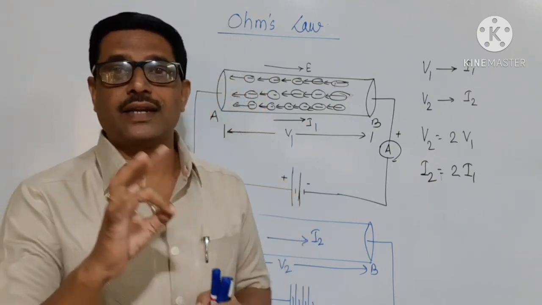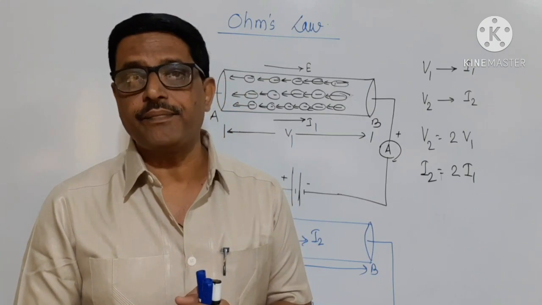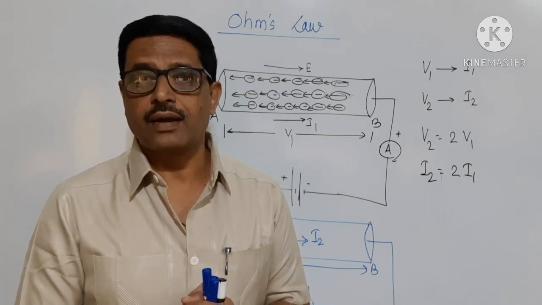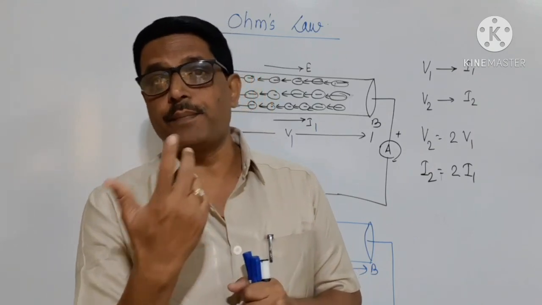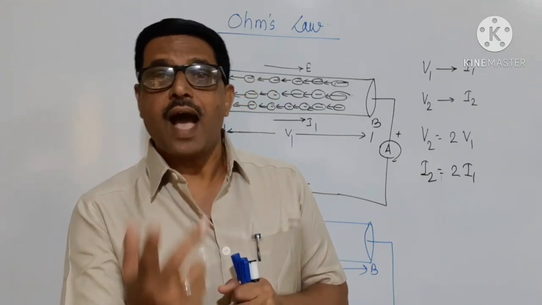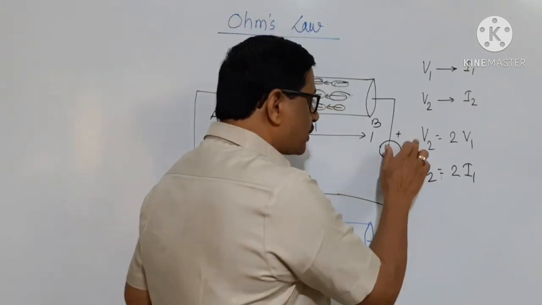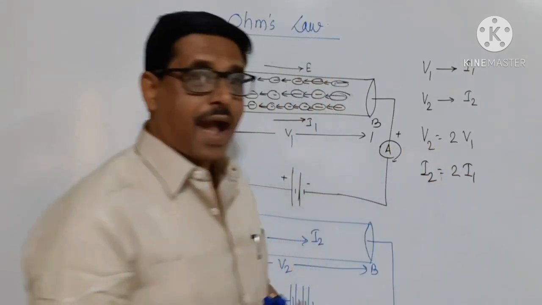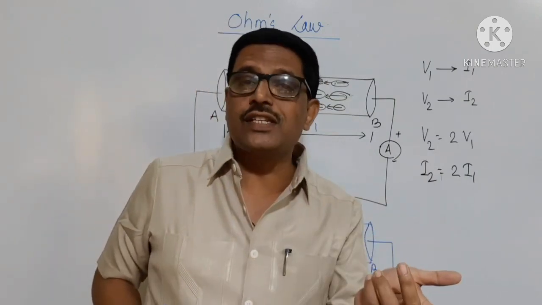As far as the dimensions of the conductor, length and cross-sectional area, the material of the conductor and the temperature of the conductor are the same, we see that the potential difference across the ends of the conductor and the current flowing through the conductor are related to each other.